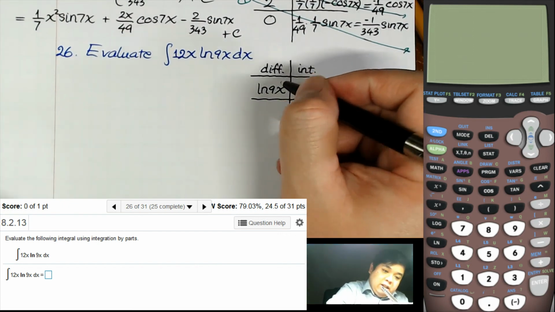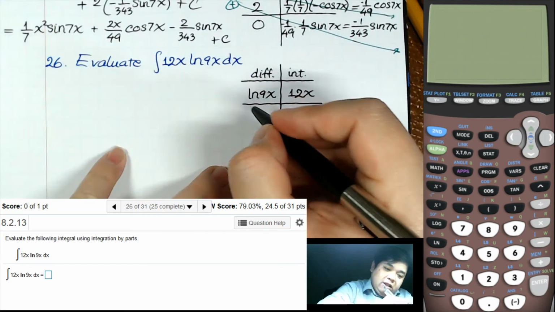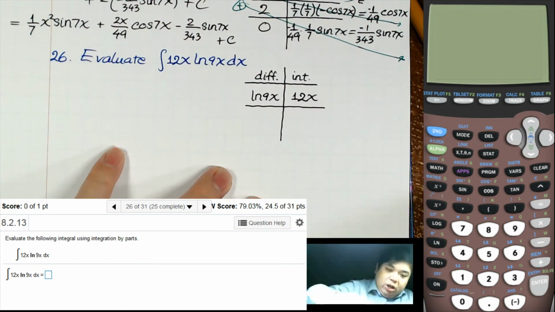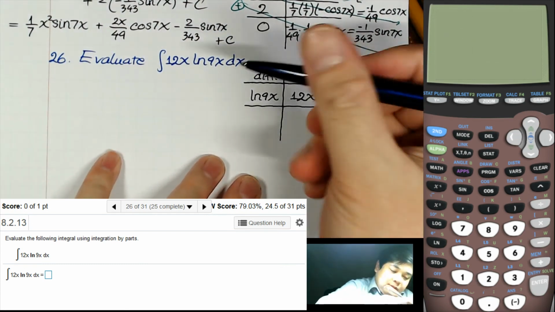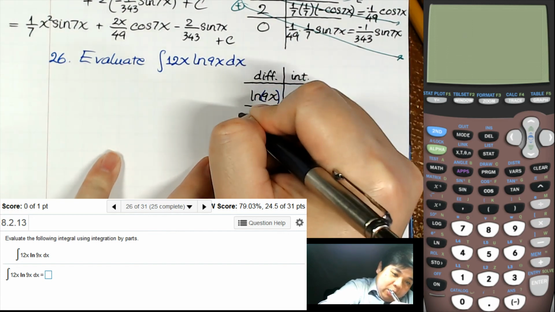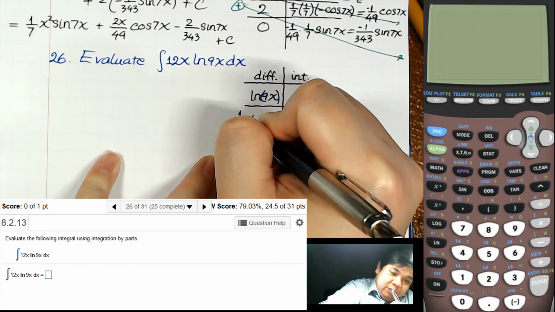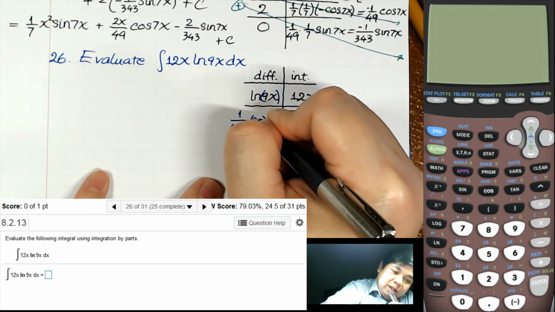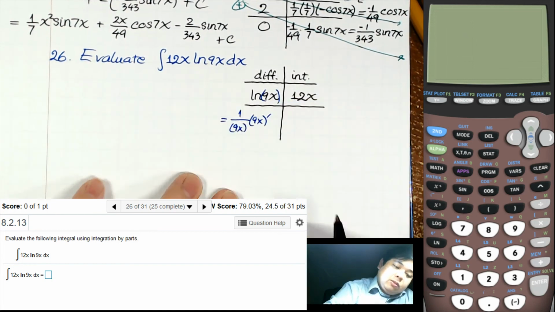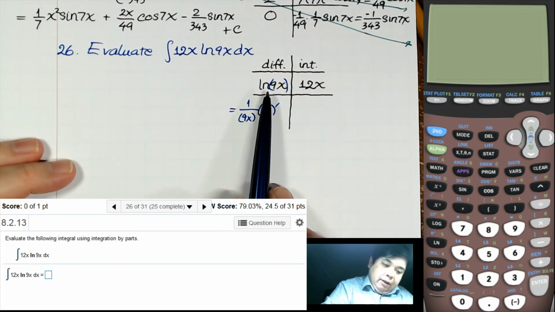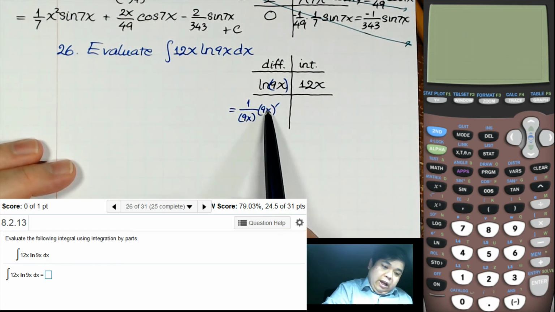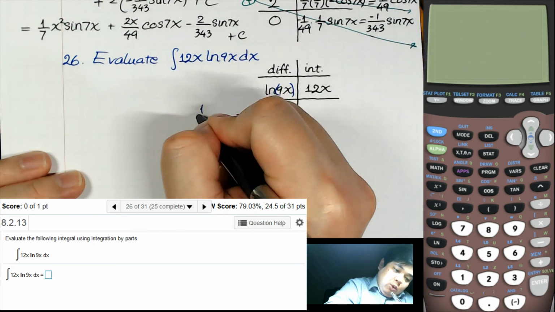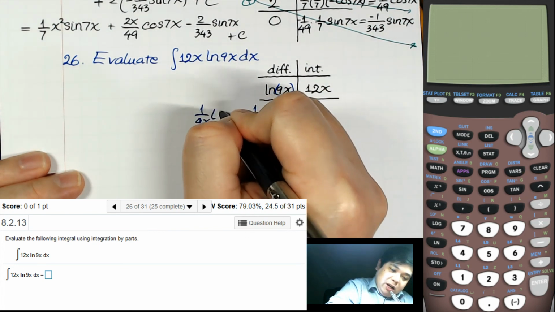So differentiate ln of 9x. We use the chain rule: the reciprocal of 9x times 9, which is 1 over 9x times 9.